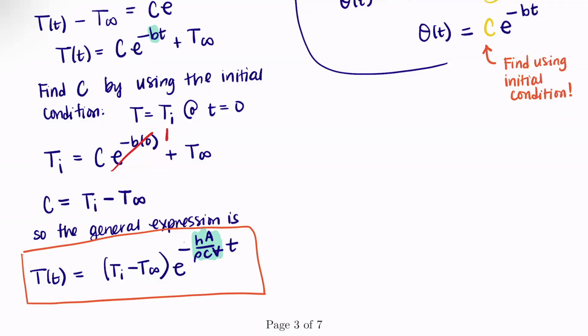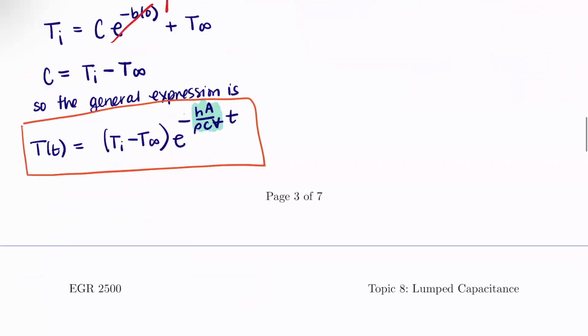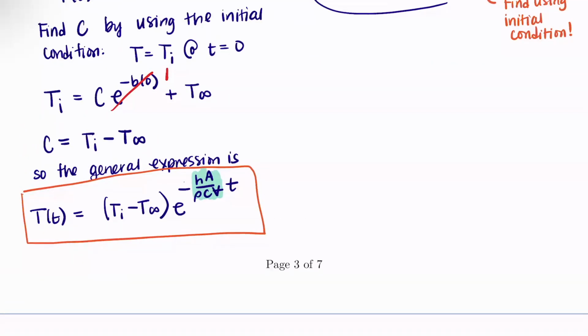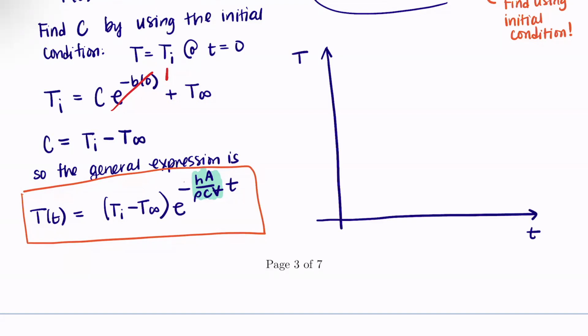Okay, so let's have a look at what this looks like. If we look at our temperature with respect to time, we're always going to start off at Ti minus T infinity at t equals 0. Sorry, this axis is T of t minus T infinity.